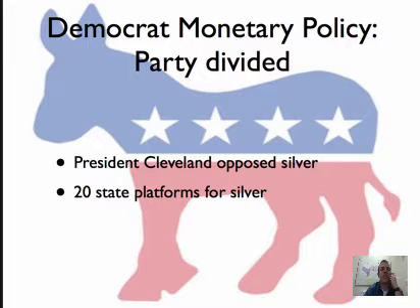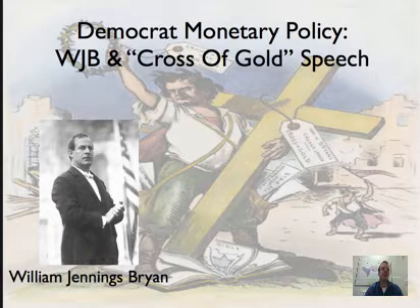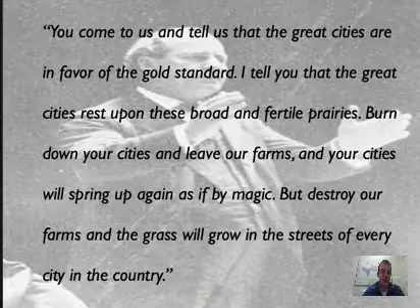So when the Democrats convene for their national nominating convention, there's no clear frontrunner for president, and there are multiple speeches given and multiple votes taken as to who's going to be the Democrats' nominee. And at the convention, a young politician from South Dakota by the name of William Jennings Bryan delivered what's called the Cross of Gold speech.